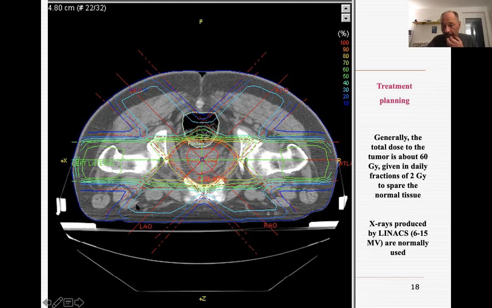But you see, for a treatment of a prostate like here, you have a large volume irradiated. A lot of organs are irradiated around the prostate, even though, of course, there is even lower dose than the tumor.